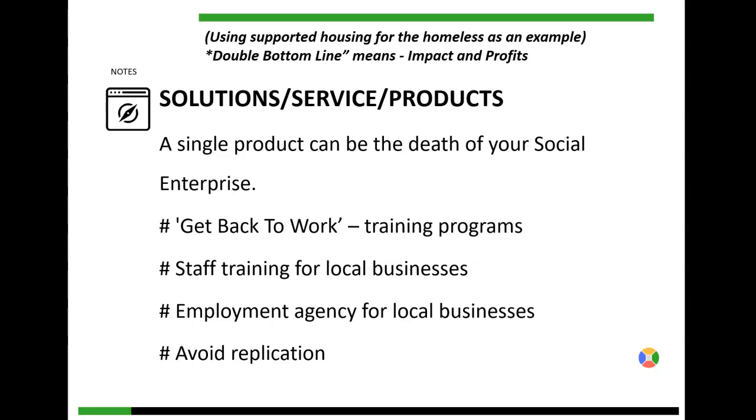So if you're bringing in clients, you want to be bringing clients from at least 3 or 4 sources. If you're selling products, you want to be selling at least 2 or 3 products.